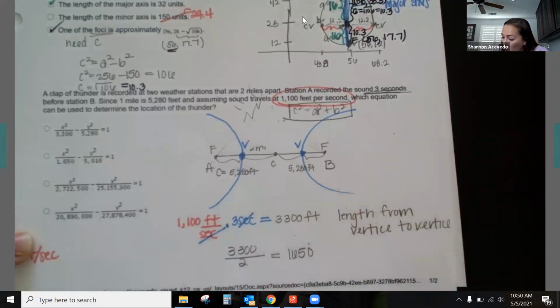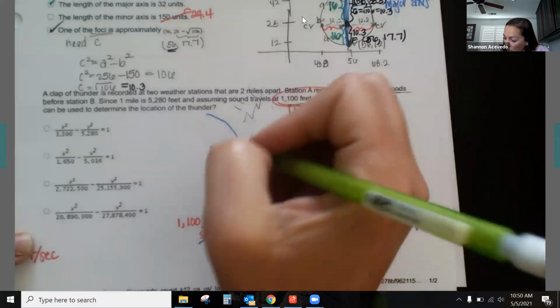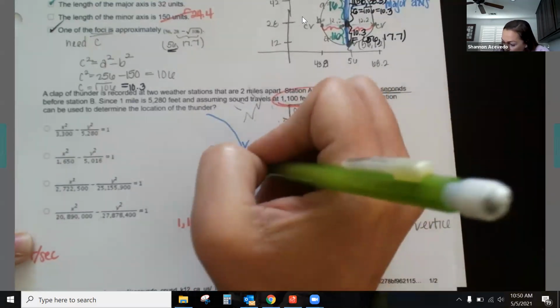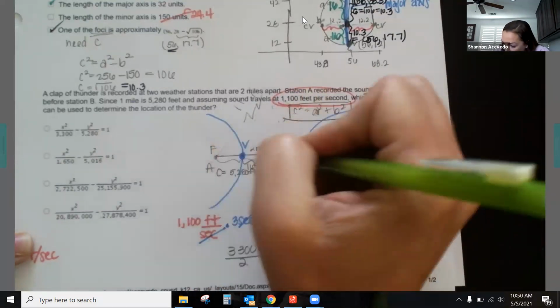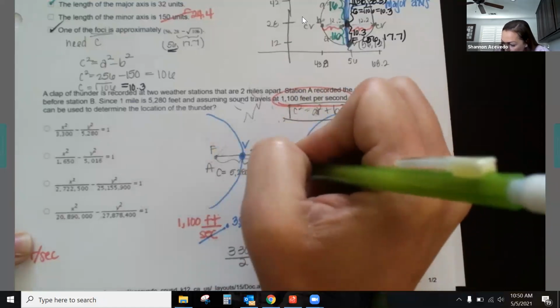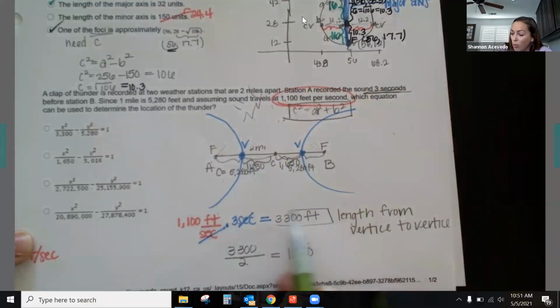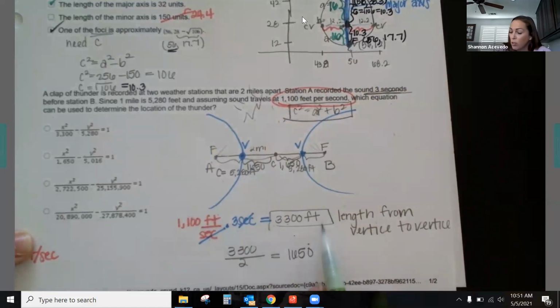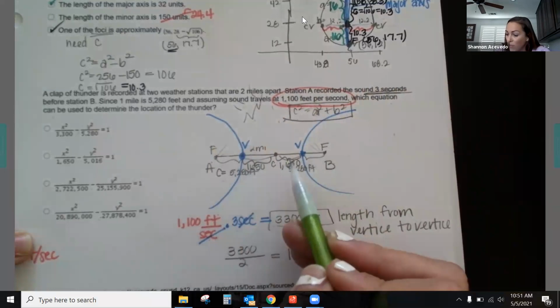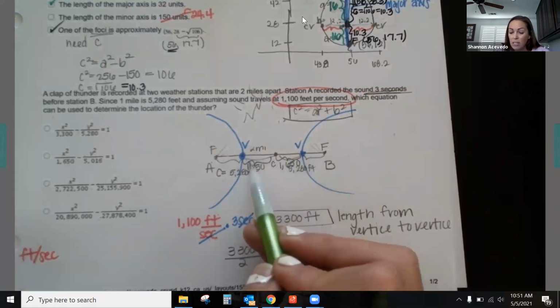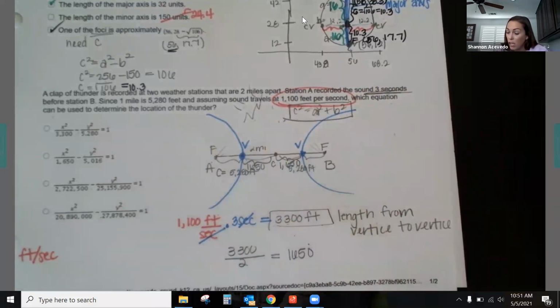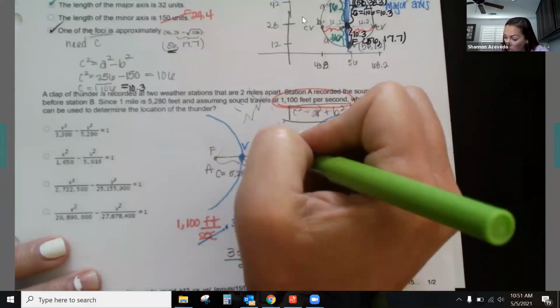So what do I mean? What exactly is going on? Okay, so from here to here is going to be 1,650. From here to here is going to be 1,650, because this entire length in between is this 3,300 feet. So 1650, 1650. If these are my vertex, then these would have to represent my A values.